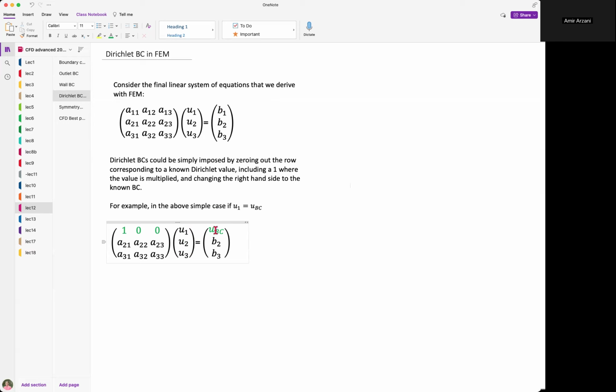Therefore, when I multiply this by the column, the first equation that I get is U1 equals UBC. So I am essentially overwriting my linear system of equations such that my Dirichlet boundary conditions are guaranteed to be satisfied. So that's how we impose the Dirichlet boundary condition.